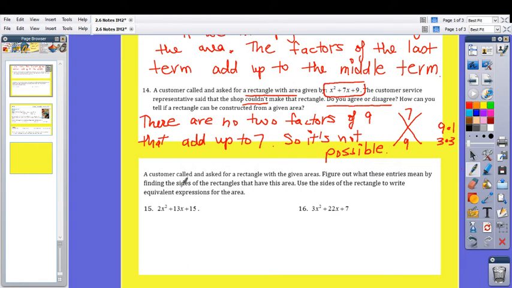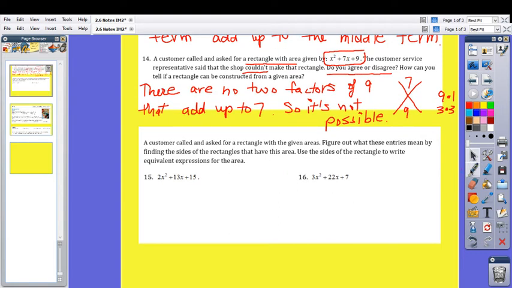And in this one, the customer called and asked for the rectangle with the given areas. But in this one, the thing is, it's not just x squared, it's 2x squared and 3x squared. So we will be figuring this out together. So let's do it. Okay.